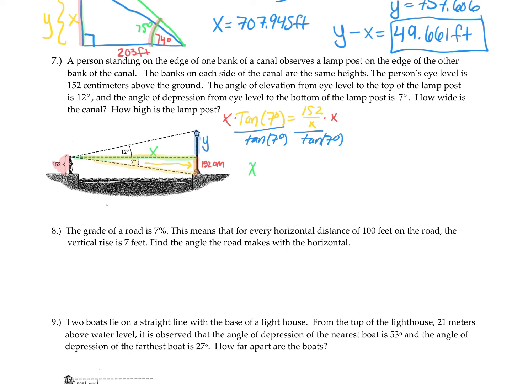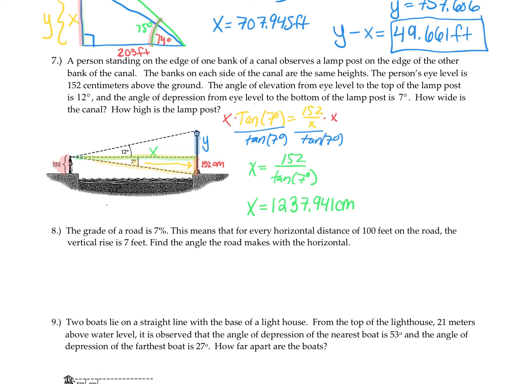So x is going to be 152 divided by the tangent of 7 degrees. When I type that in my calculator, I get 1237.941 centimeters. All right, so that's x.